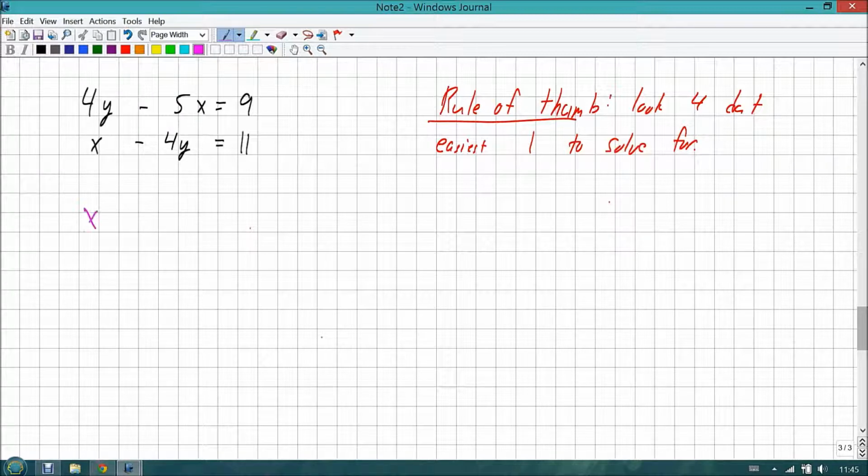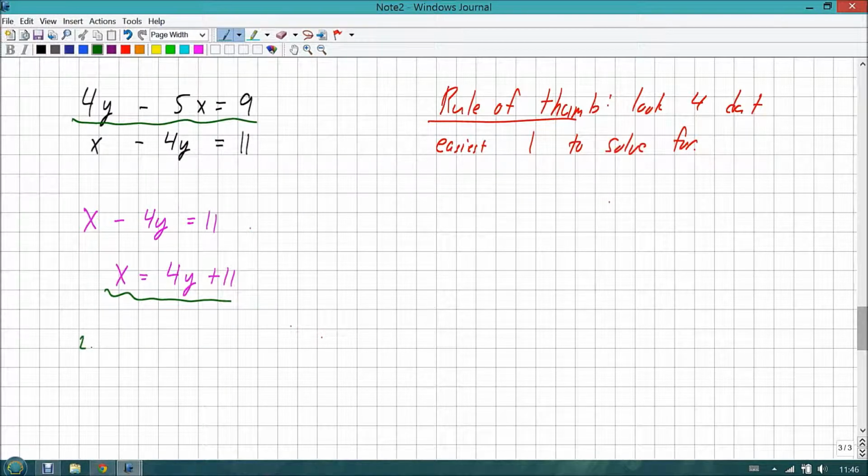So I'm going to rewrite it. x minus 4y is equal to 11. Solving for x, I get x is equal to 4y plus 11. I then go on to my next step, which is to sub this in to my other equation.